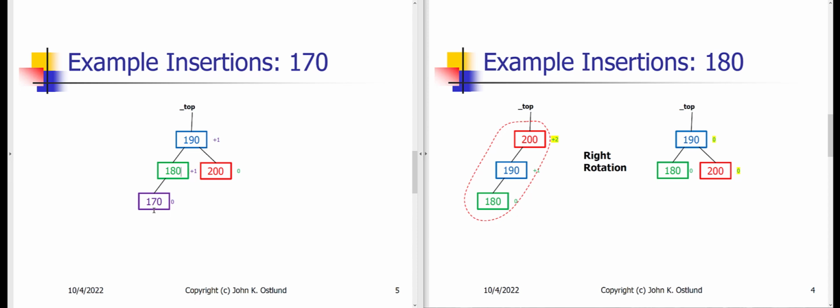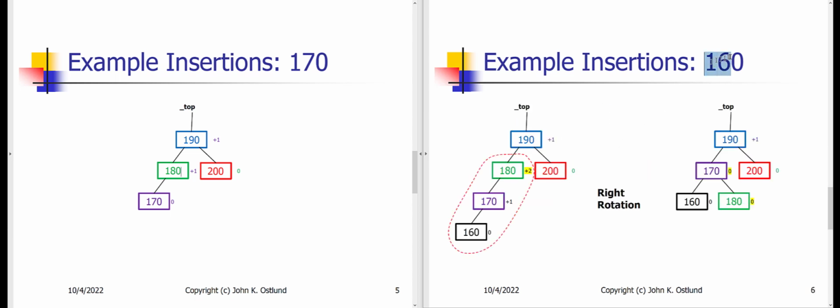All right, so in the process of adding the node 170, we have increased the balance factor for 180 and for 190, the two ancestors of 170. But since we didn't reach any value of 2, there was no rotating to be done.